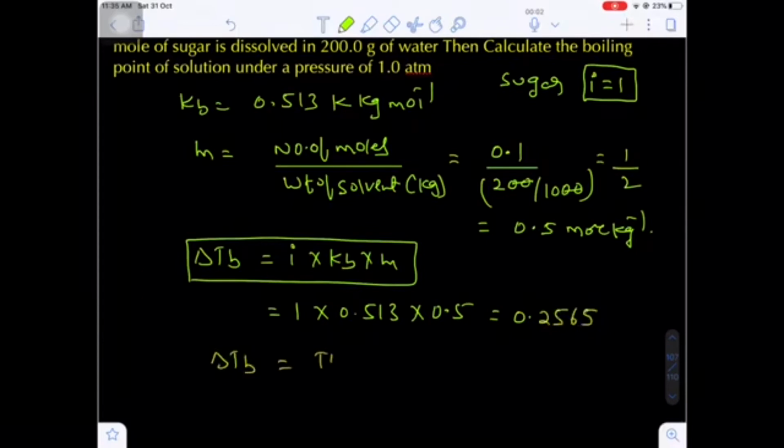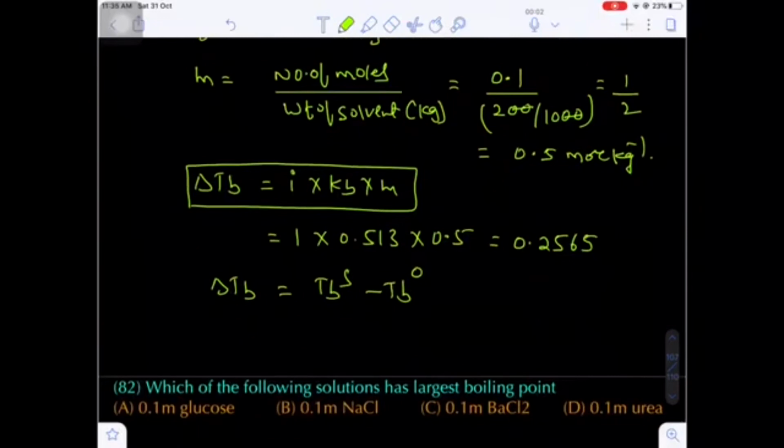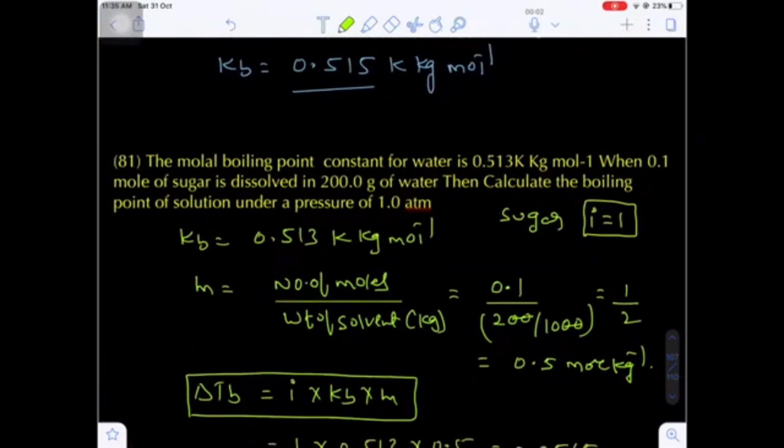This is the boiling point of the solution minus the boiling point of the solvent. The solvent is water, so its boiling point will be 100 degrees plus the delta Tb value 0.256. Overall you will get 100.256 degrees Celsius.